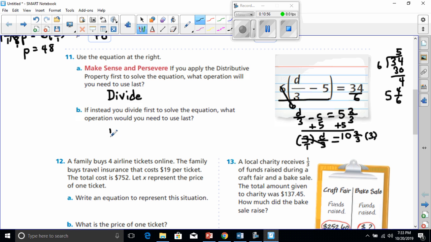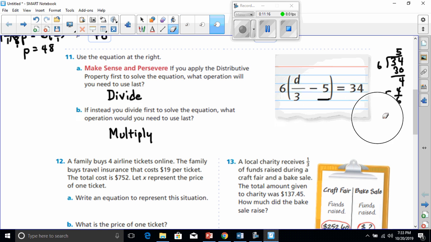My last one would be multiply. All right, and I don't even need to solve it because they're not even asking for me to solve it. I gave the answers that they needed, so from this point, I'm just going to erase all this. All right, and let's move on.